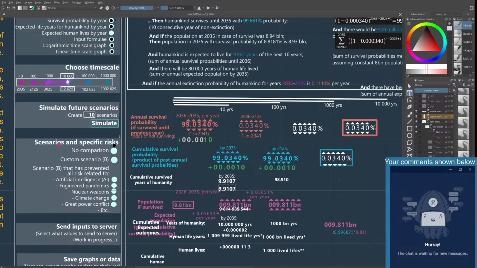But again, I think the problem to some extent might be that it is hard to see those small changes.